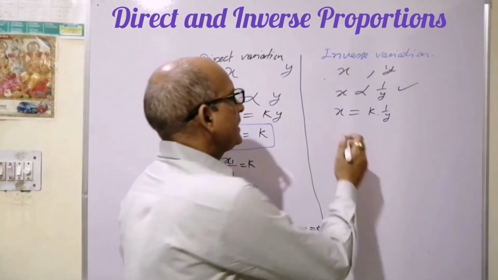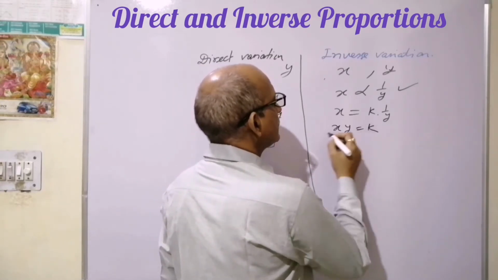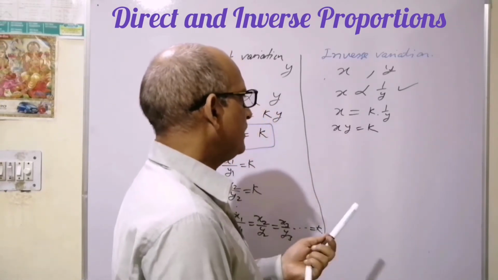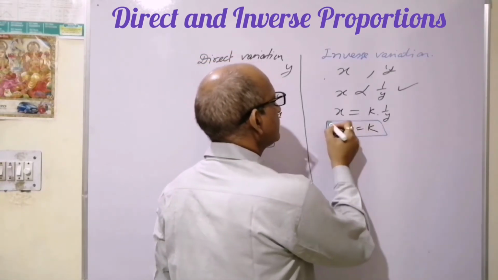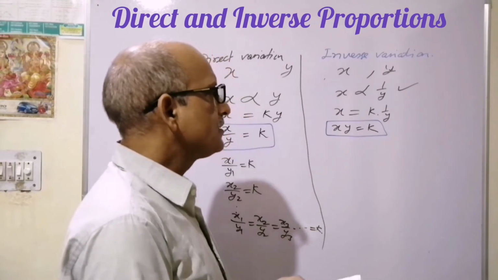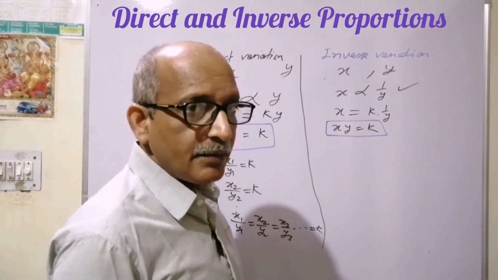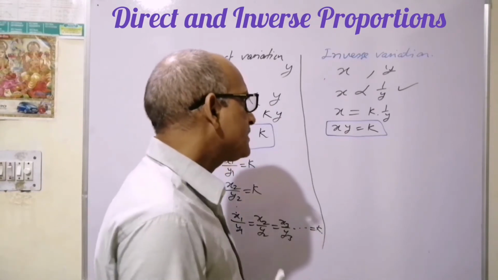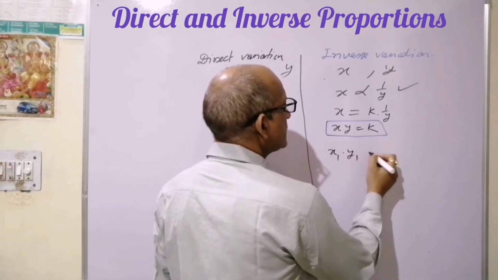So hereby we can see xy is equal to k. In this case we are able to understand x into y is constant. If x is converted into x1, consequently y will be converted into y1. It means x1 into y1 is also equal to k.